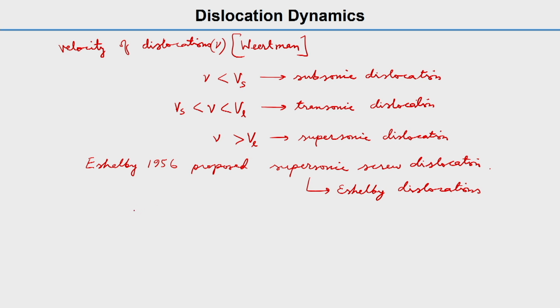However, these dislocations have not been observed experimentally yet. So this is just a classification of dislocations in terms of velocity proposed by Whitman and also the subsequent researchers. Dislocation has very high acceleration.